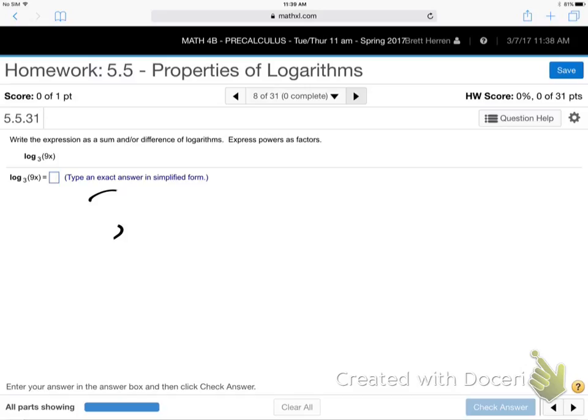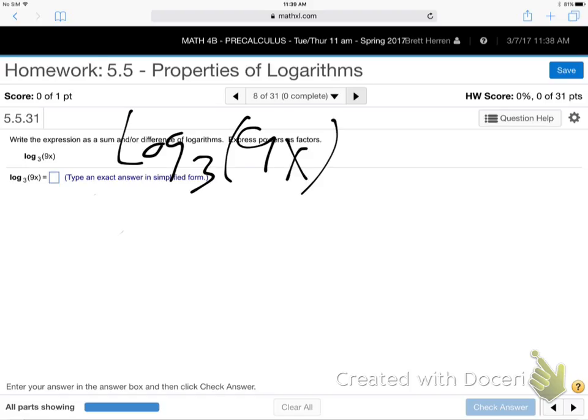Log base 3 of 9x. See what they're saying is they want me to write that as 2 logs. What is in the middle between the 9 and the x? It's times. That means 9 times x.